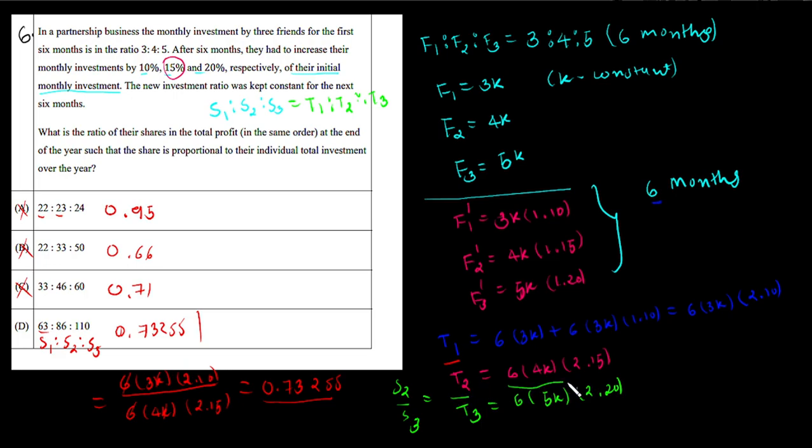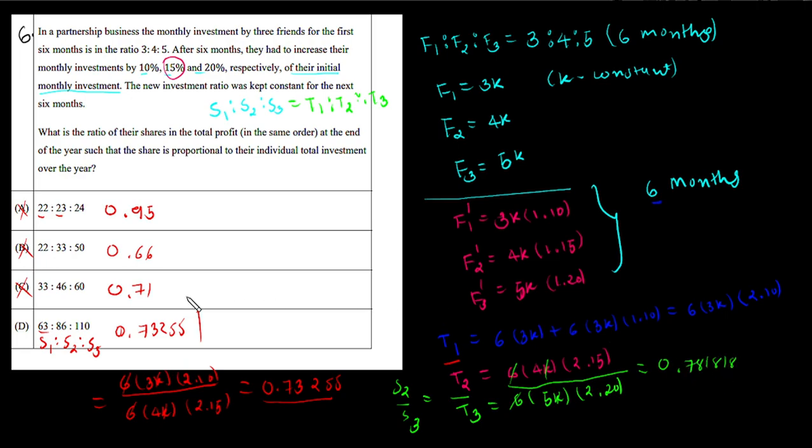The same way, I have to take the ratio of those two numbers. So again I can cancel this 6 with 6 and this k with k. Now again let's find the ratio here. In the numerator we have 4 multiplied by 2.50, and in the denominator 5 multiplied by 2.20. If you find the ratio here, you will get 0.78.